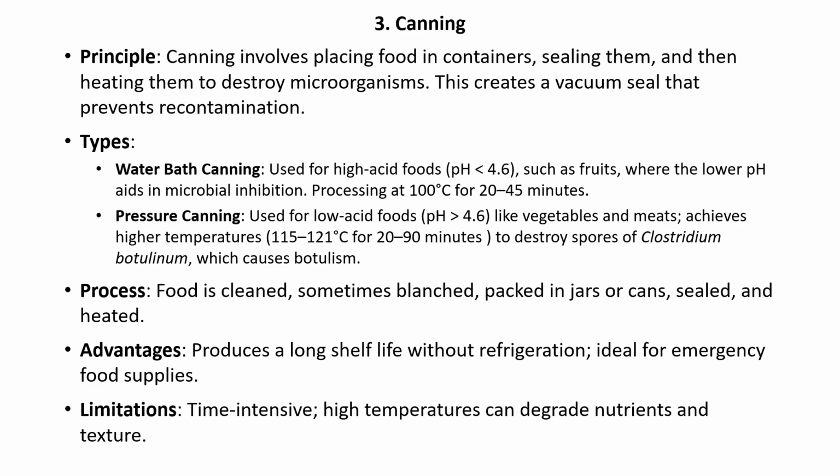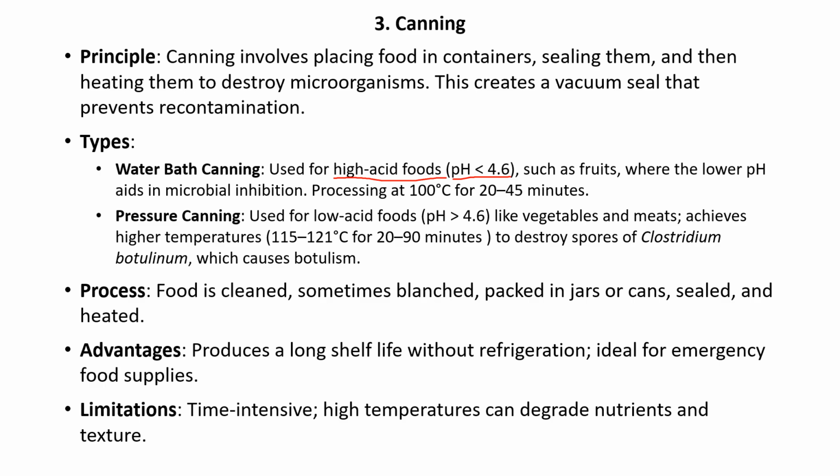Next, types of canning. There are mainly two types: water bath canning and pressure canning. Water bath canning is used for high acid foods. You need to remember that the pH of high acid food is below 4.6.